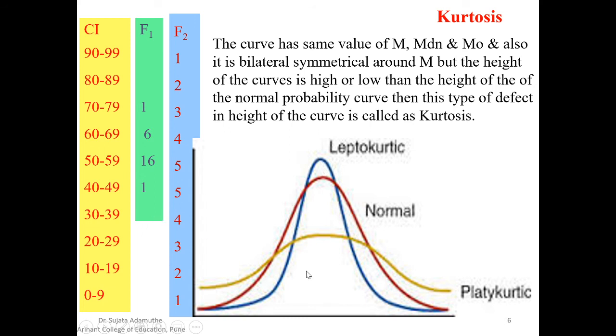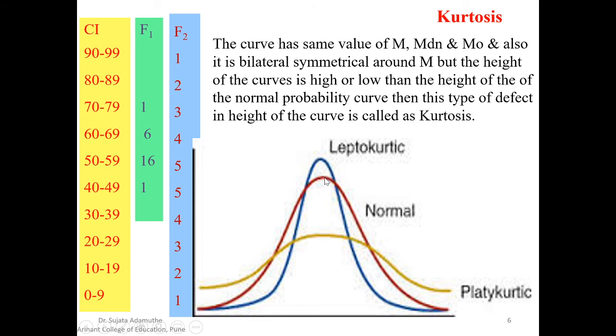That means if we fold these curves on the two parts, they will come the same. That means it is bilaterally symmetrical around M, but the height of the curve is higher or lower than the height of the normal probability curve.